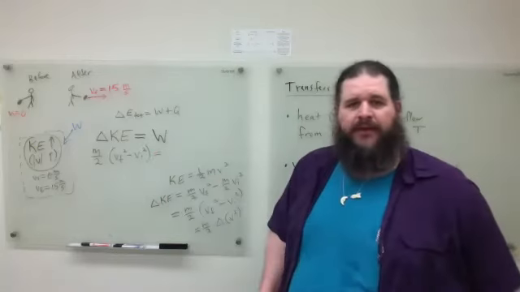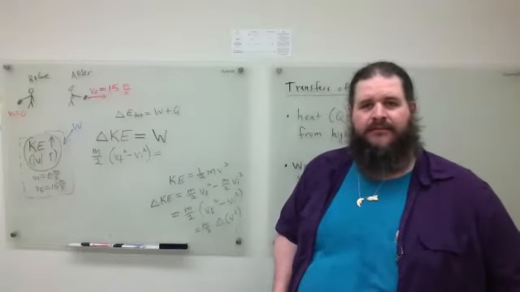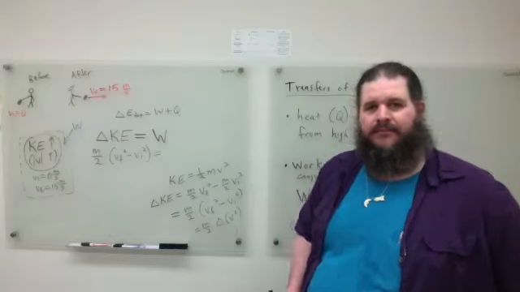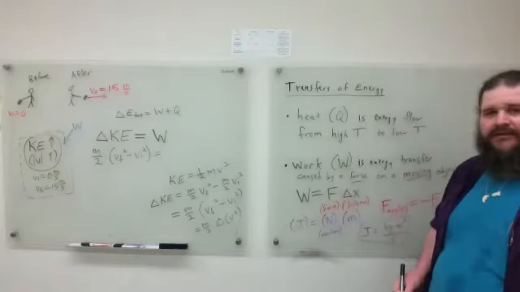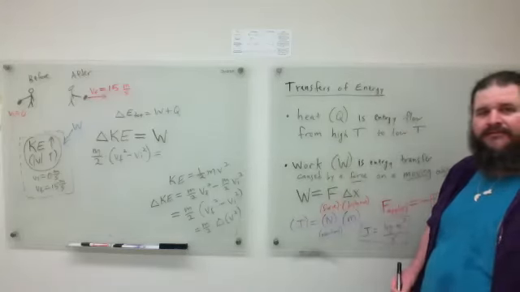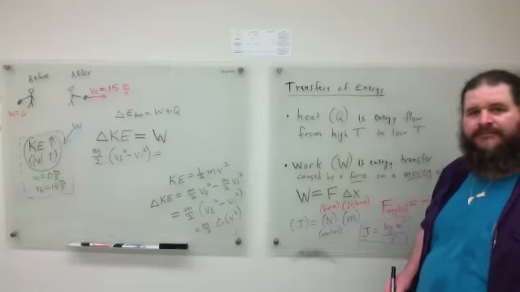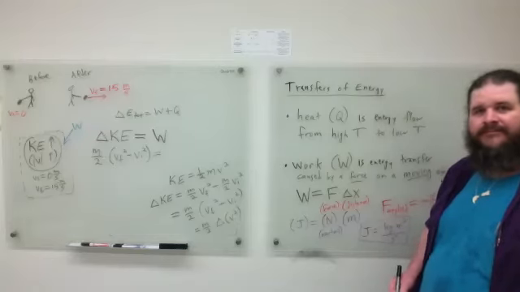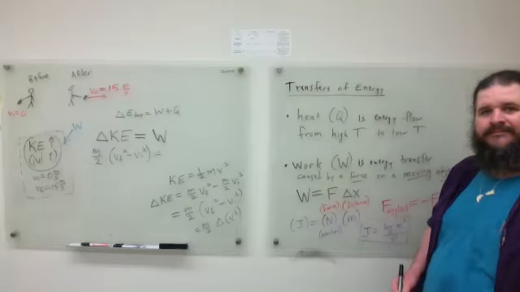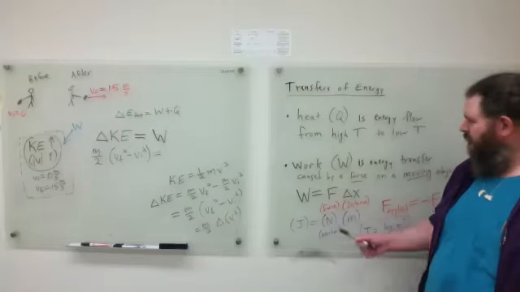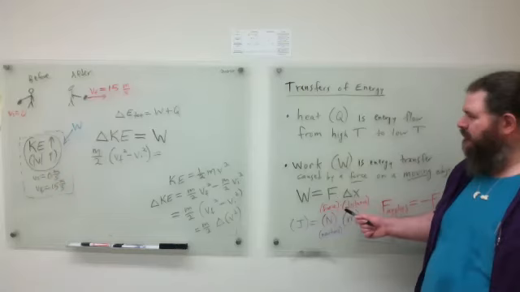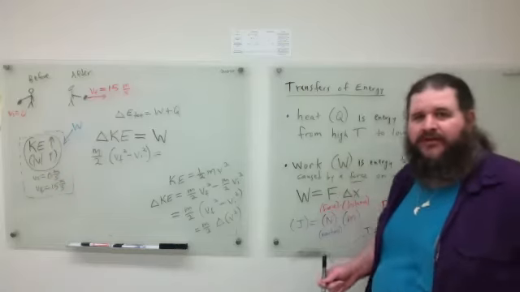And also, what could we replace work with? How are we defining work in the first place here? That was just force times distance, right? So we could replace work with force times distance.